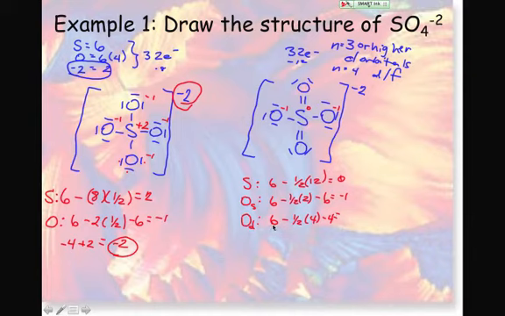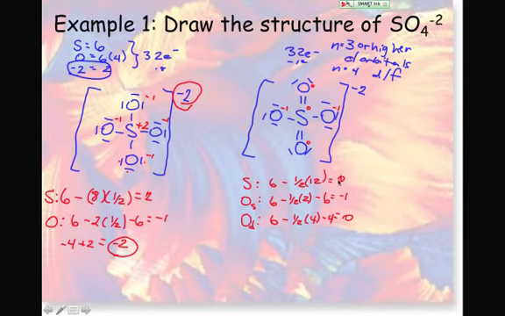So let's do the math. 6 minus 2 minus 4, 0. And that's where this structure begins to win out. Overall, the formal charge assigned to each individual atom is going to end up being lower than the formal charges assigned to the first structure we drew.